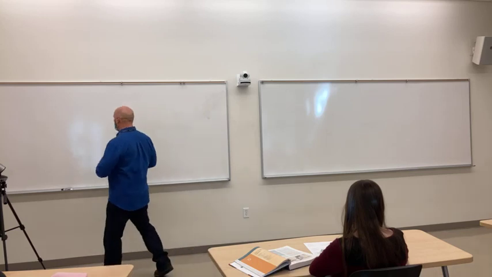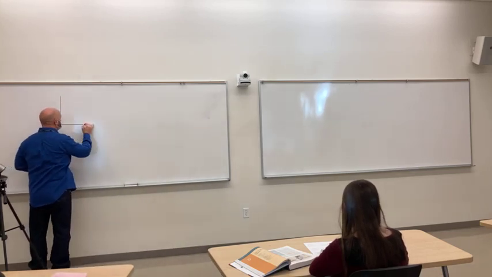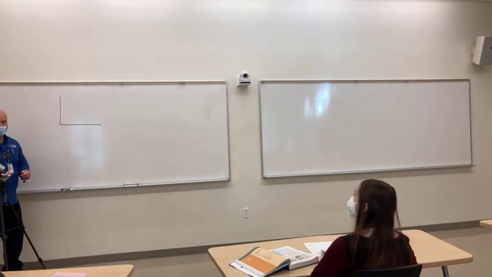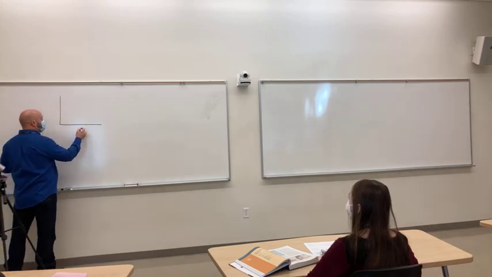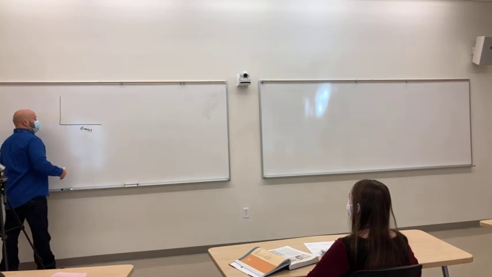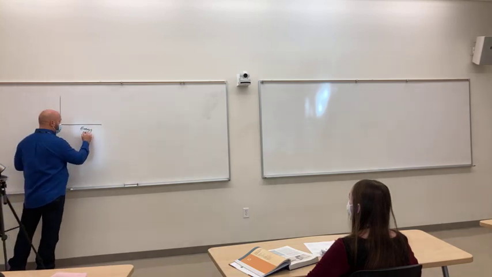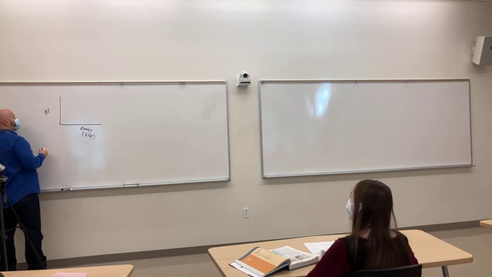So if we were to draw out a brems spectrum as it leaves the target itself, if this two-dimensional chart represented the energy level in kVp, so that's kVp, and the number of photons that we create.